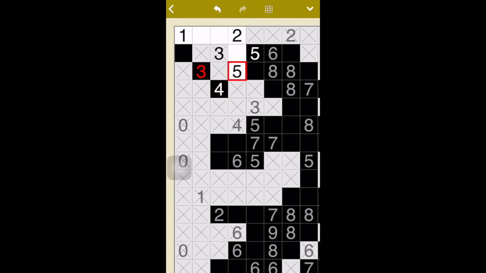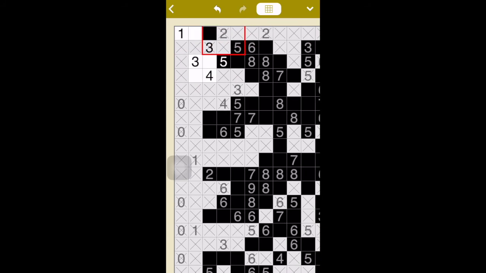Even if that's black, you have only 3 black spaces, right? That's why all 3 black spaces must be in this area. So that's 3 and the fourth one in here, okay? And those 3 black spaces will complete the 3 here, like that. Okay, so I think we finished this corner.